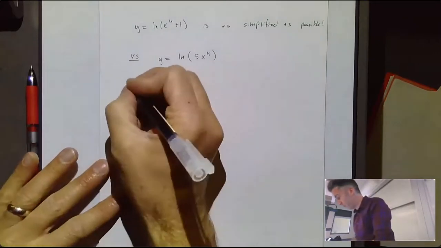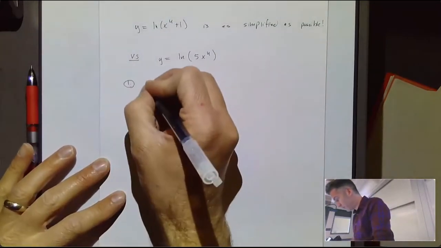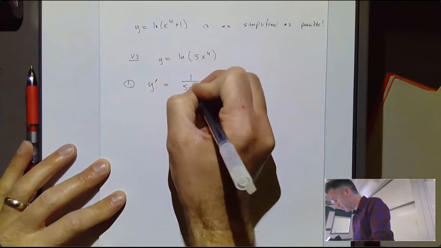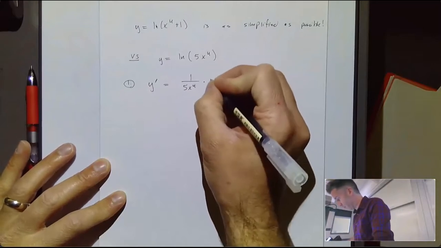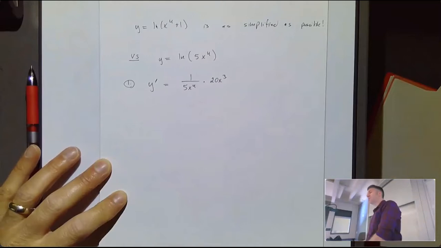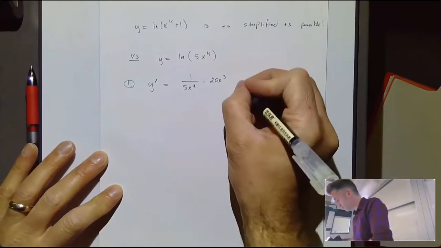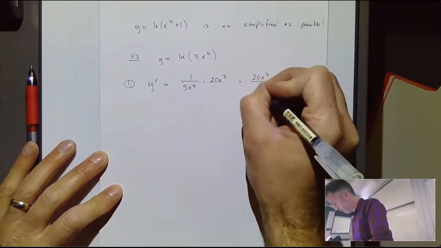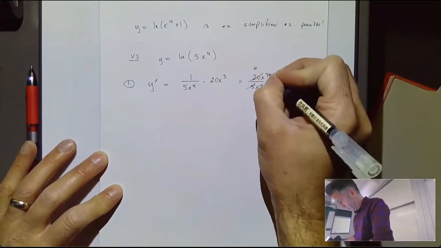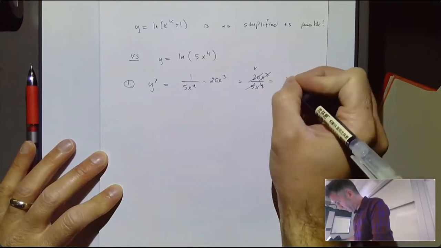So one way to do this would be to say the derivative is 1 over 5x to the 4th times the derivative of 5x to the 4th, which is 20x cubed. And then you could simplify it if you wanted to. 20x cubed over 5x to the 4th. You can cancel a 5. You can cancel an x cubed. And you get 4 over x.